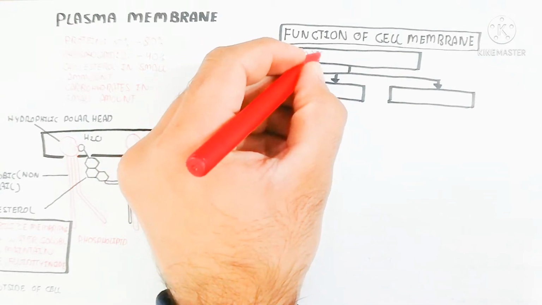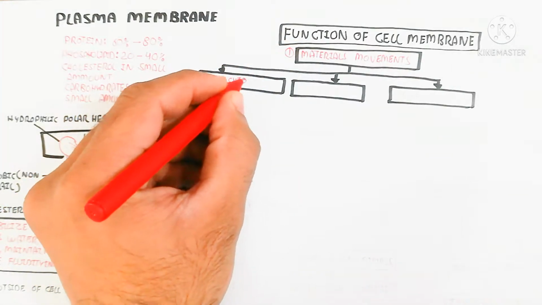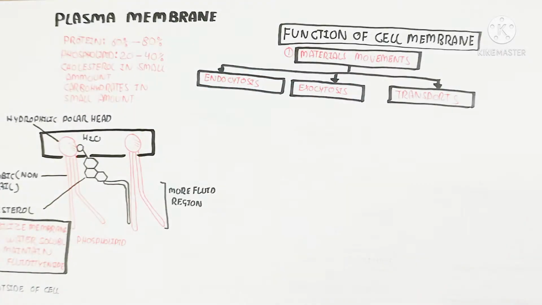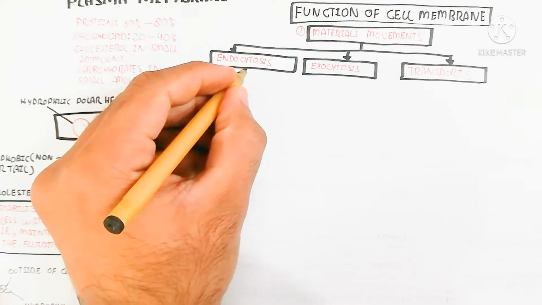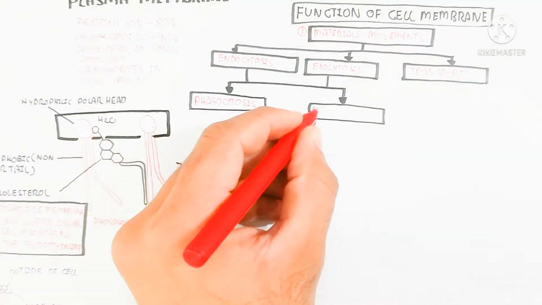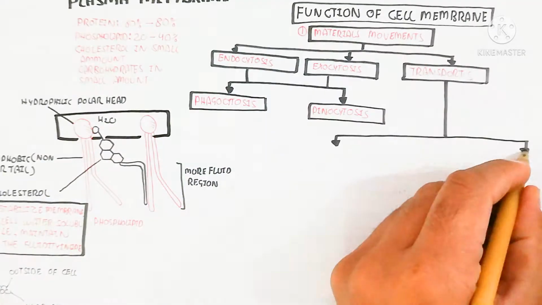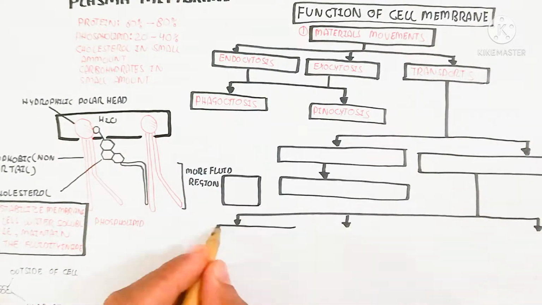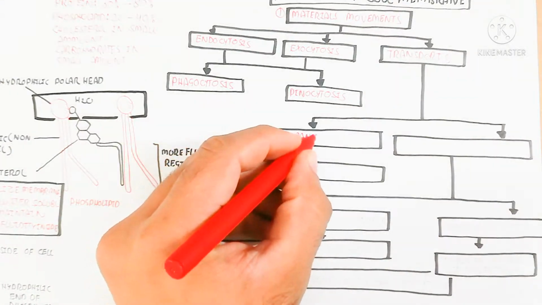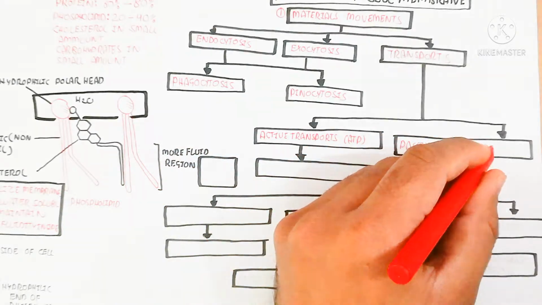I am drawing the three types here. Endo means inside and exo means outside. Endocytosis has two types, and so does exocytosis: phagocytosis and pinocytosis. Phagocytosis means solid particles move inside, while pinocytosis is the movement of liquid particles into or out of the cell.